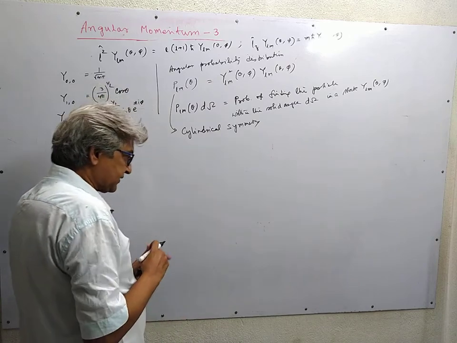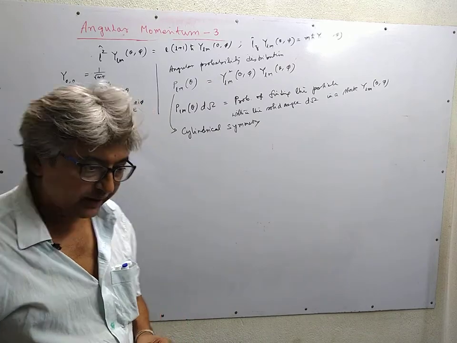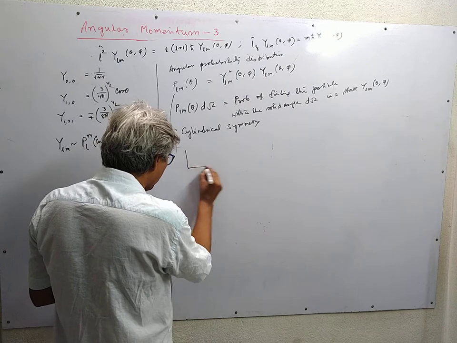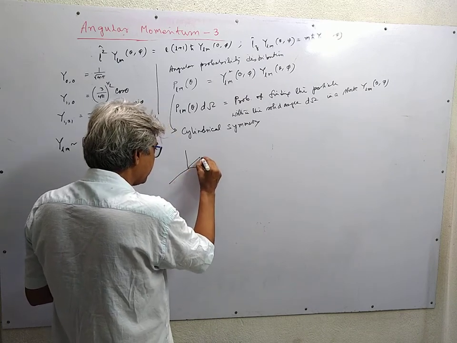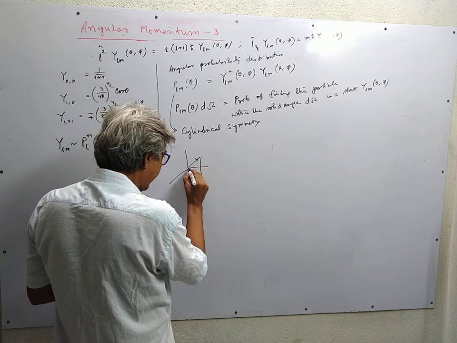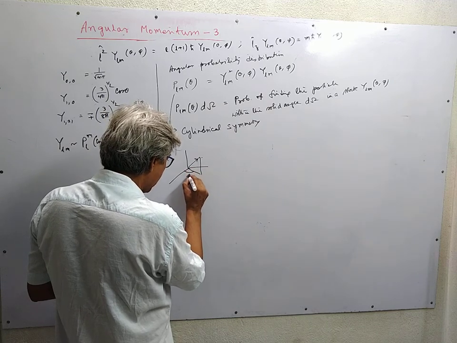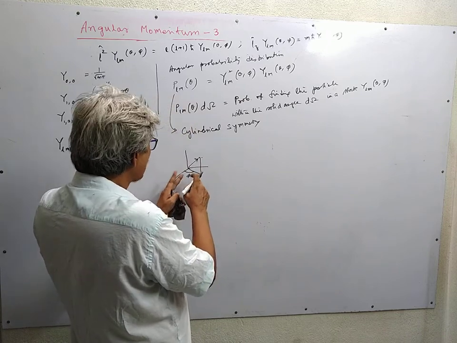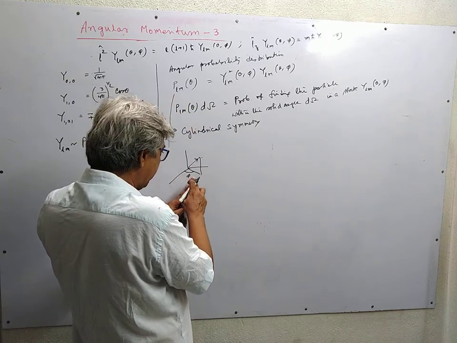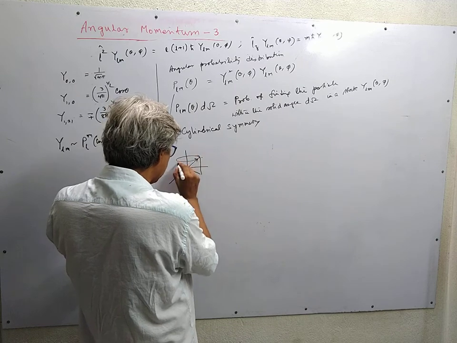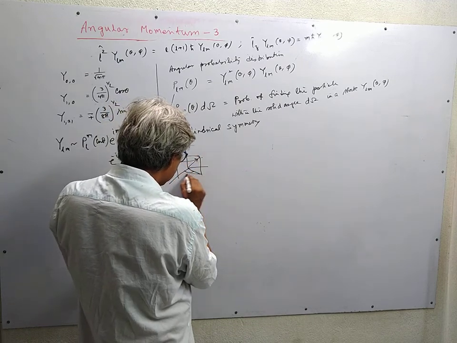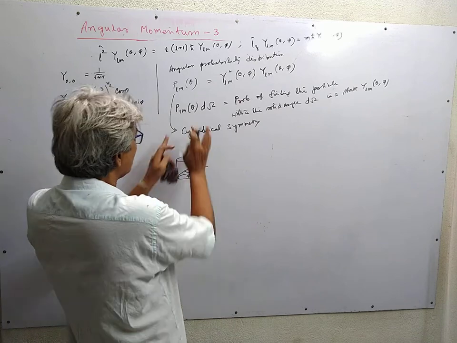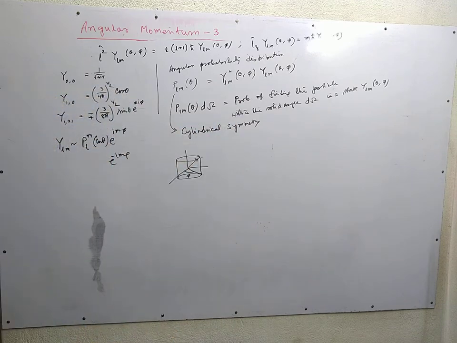That is, on the surface, if we make phi constant in spherical polar coordinates, this is the position vector r, and phi is the projection angle. If we keep phi fixed and the quantity is independent of phi, then we may consider a cylinder, and on this cylinder nothing changes.